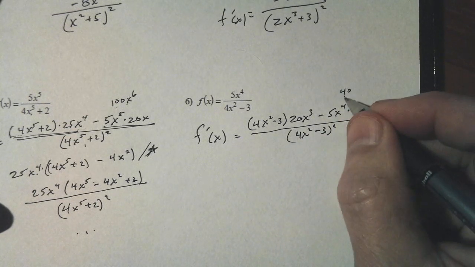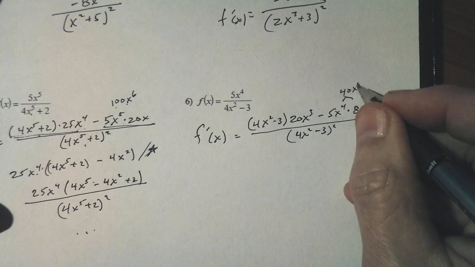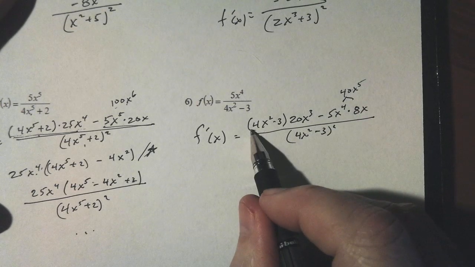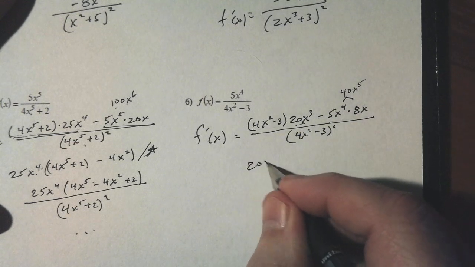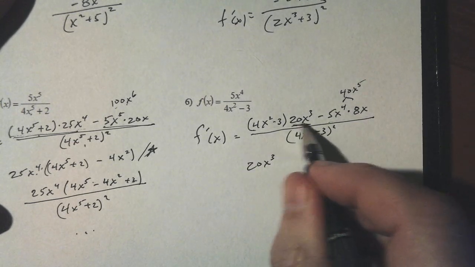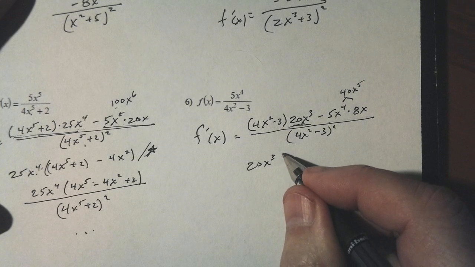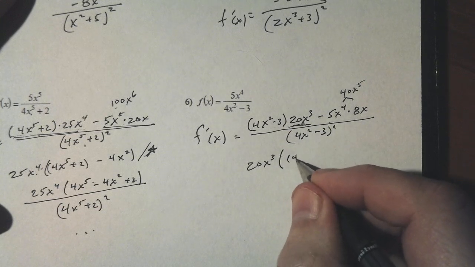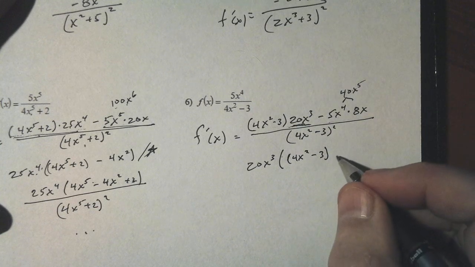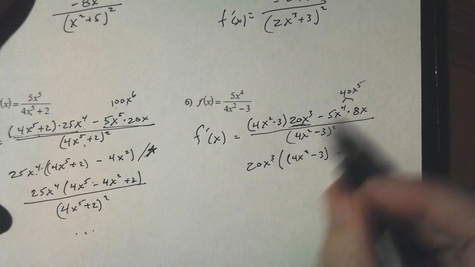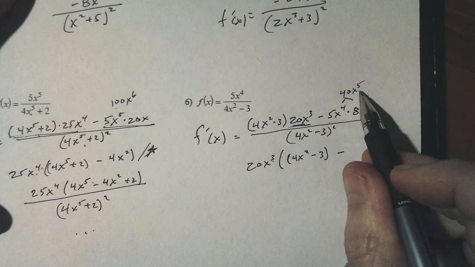This term is really 40x to the 5th. So what can I factor out of here? And here a 20x to the 3rd. It's not always the whole thing here, but it's nice when it is. And that leaves me with the 4x squared minus 3 minus 20x cubed times what is 40x to the 5th?